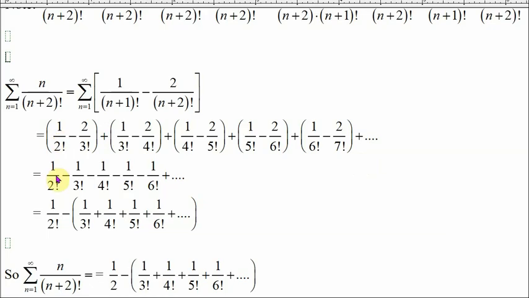Here we get 1 over 2 factorial. This is minus 2 over 3 factorial plus 1 over 3 factorial, which will be minus 1 over 3 factorial. Minus 2 over 4 factorial plus 1 over 4 factorial is minus 1 over 4 factorial.